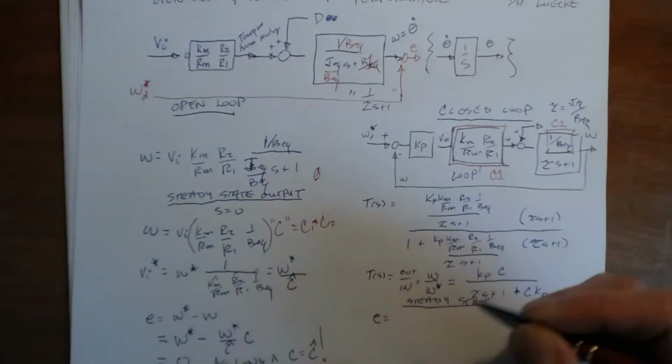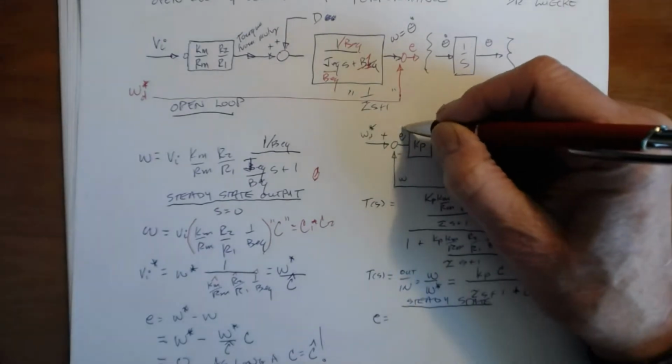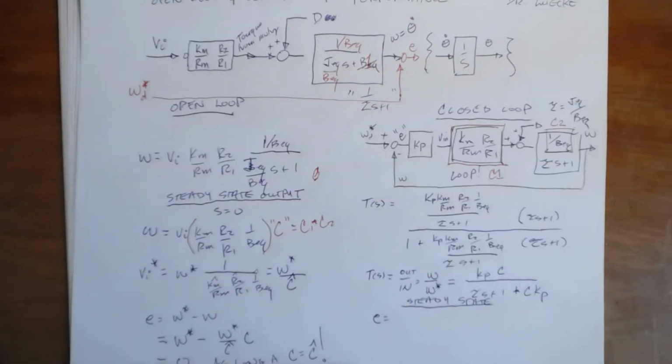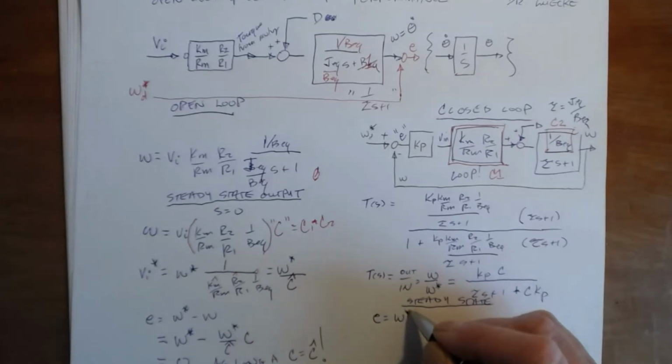In this case, we don't have to actually generate the error. We have the error, it's right there. The error is omega star minus omega.